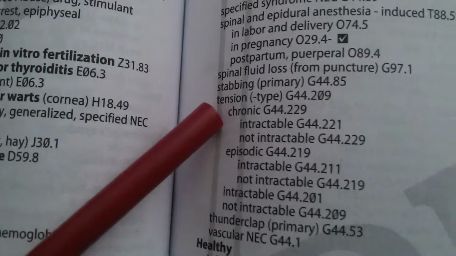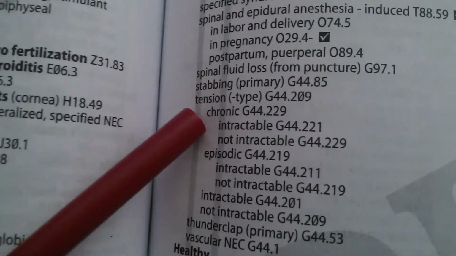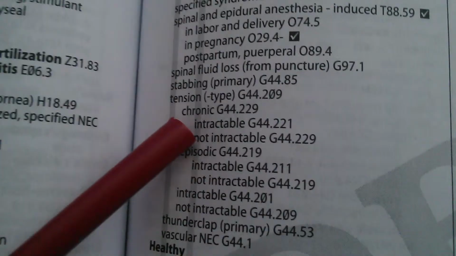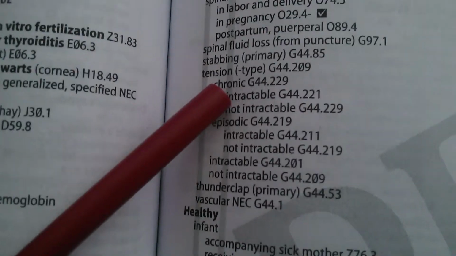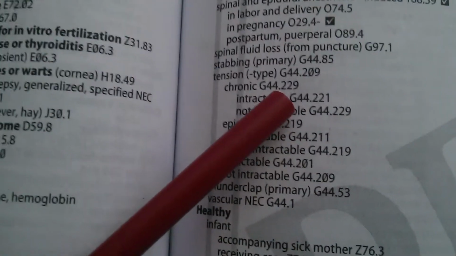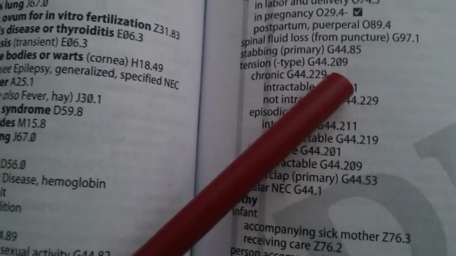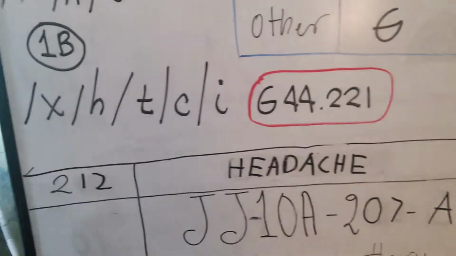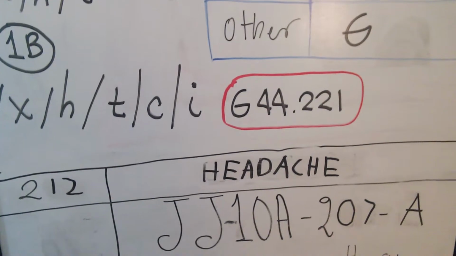Then we go to chronic, and then intractable. That's the path that has all the keywords. And what is the code? G44.221, which is the code that we have here.